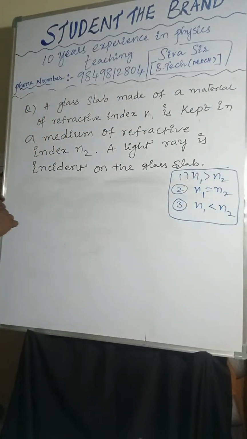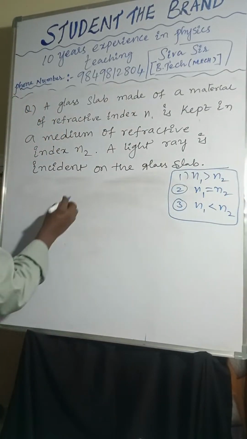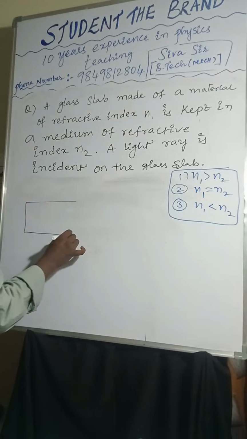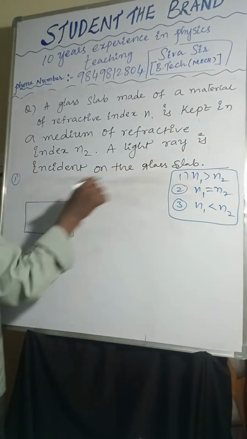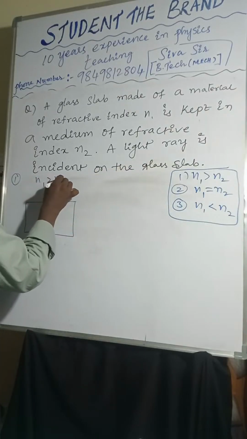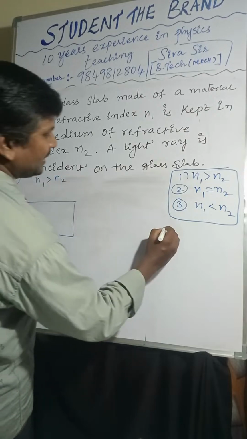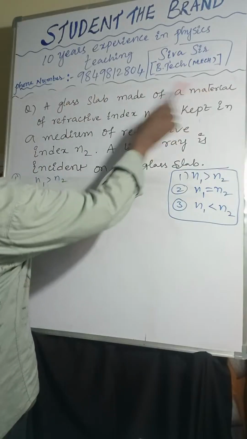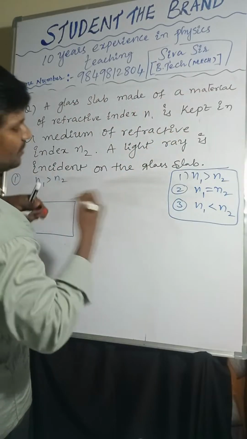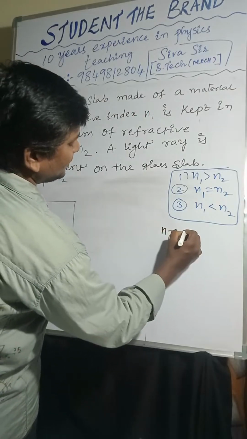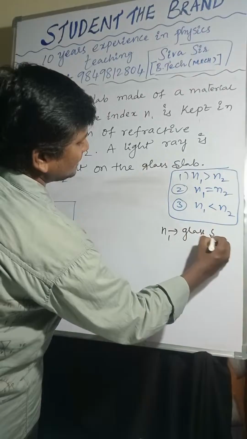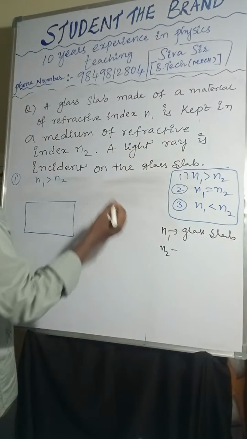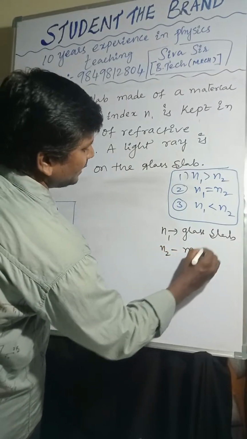Now you can see the first condition. Here I'm taking the glass slab, and the first condition, N1 is greater than N2. N1 is the refractive index of the material of the glass slab, and N2 is the refractive index of the medium.